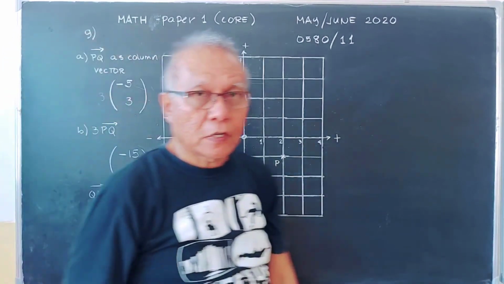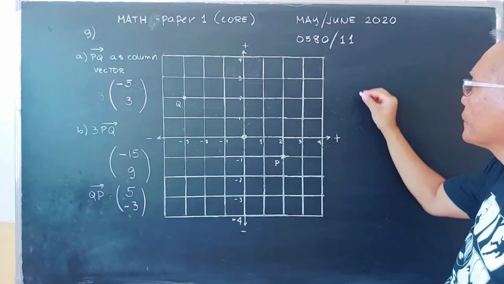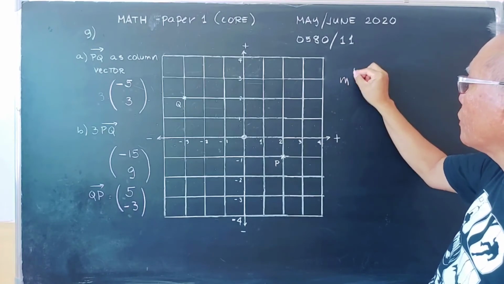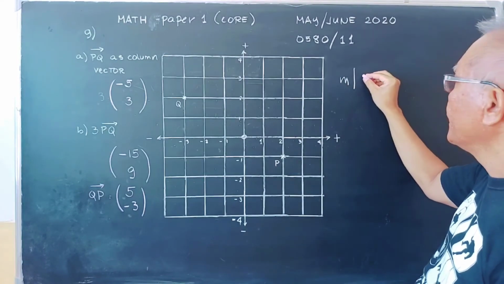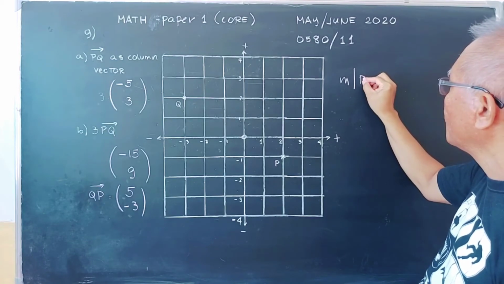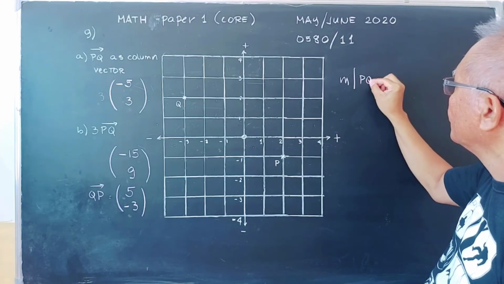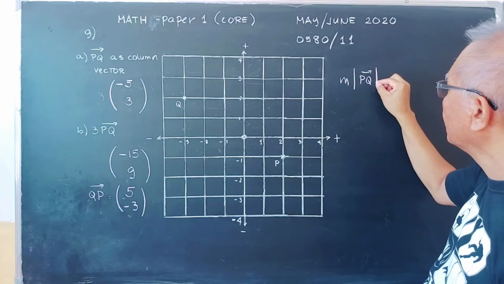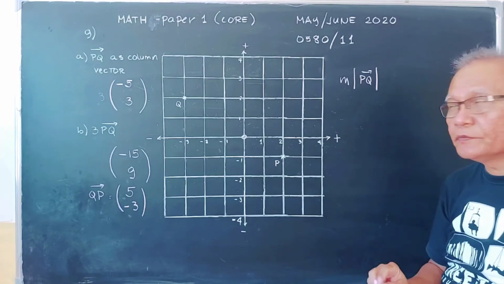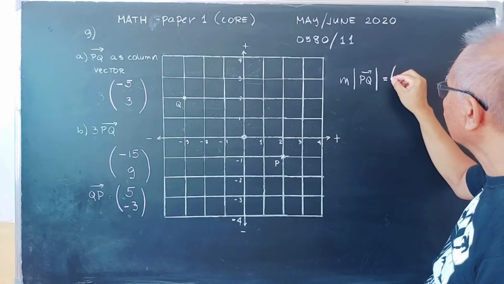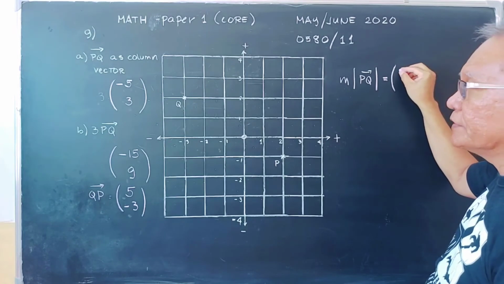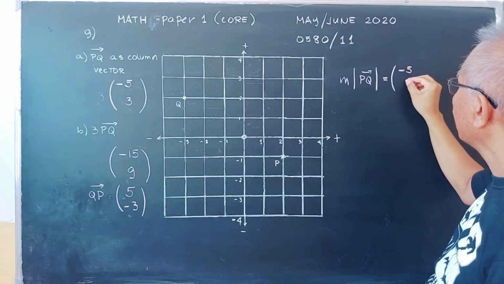What if we have this one? The measure of, you see the symbol of absolute value, and we have PQ. Here, our QP is the same. And then we have -5 and 3.